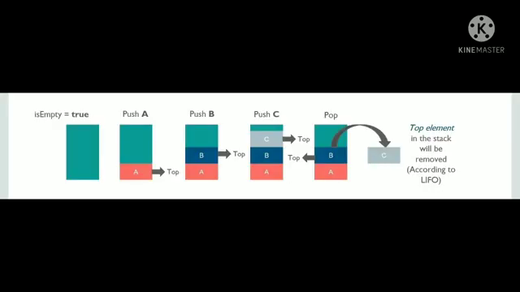Next is isEmpty. IsEmpty returns a boolean value, which stores only true or false. It returns true when the stack becomes empty. Let's see an example picture for the stack. As seen in the picture, the first column shows that the stack is empty.